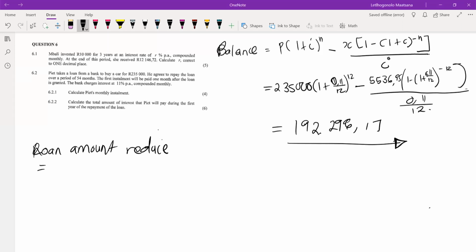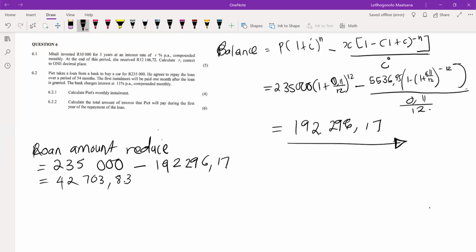So we would say the amount we initially borrowed, and we're going to remove how much of it went towards our loan by looking at how far we contributed to the loan, and we get that's 42,703.83. Okay, so that's how much our loan amount has reduced by.